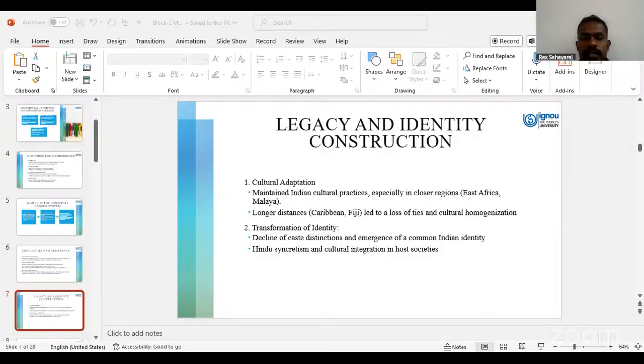So the coolie identity of indentured laborers had now been replaced by a burgeoning middle and entrepreneurial class of indentured labor who were catching up with the economic growth of their respective host countries.